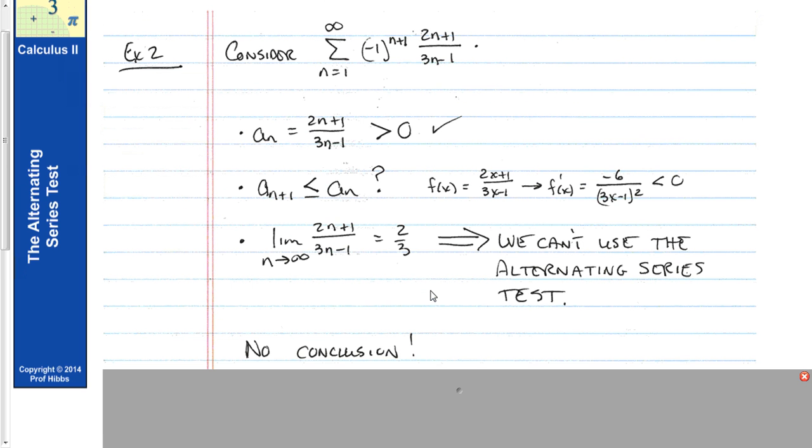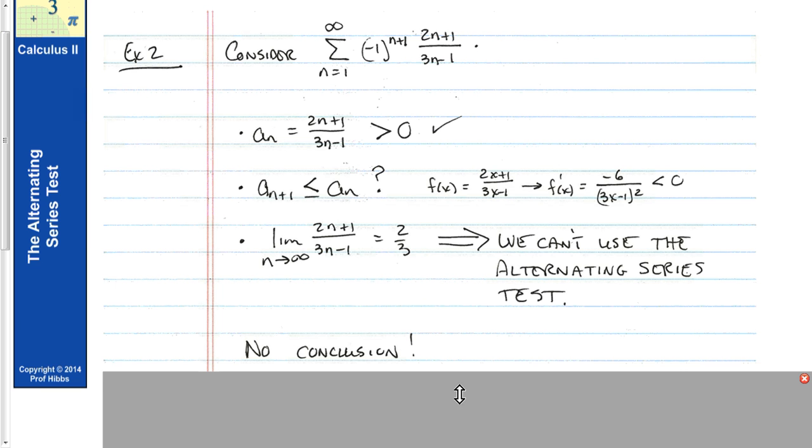And actually, I guess I misstated myself previously. I'm thinking here, just a moment. Well, strictly from the alternating series test, we have no conclusion because the limit of the a sub n's is not equal to 0.